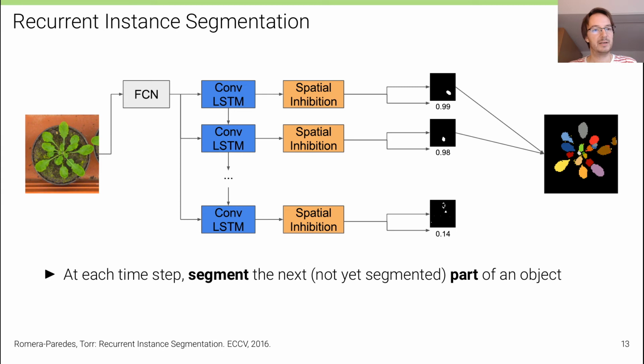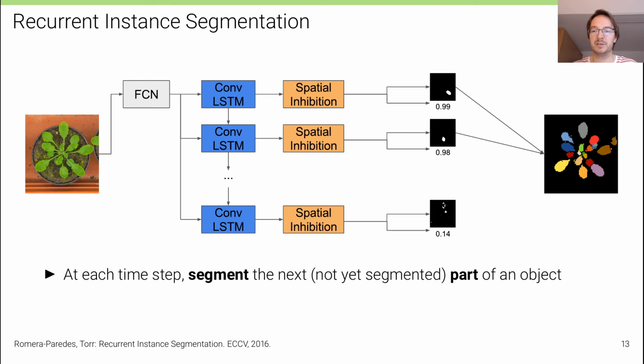RNNs can also be useful to recurrently perform instance segmentation. In this case, the input is an image that's processed with a fully convolutional network to a feature map. And then there's an RNN, in this case a convolutional LSTM, that produces one segment at each time step.